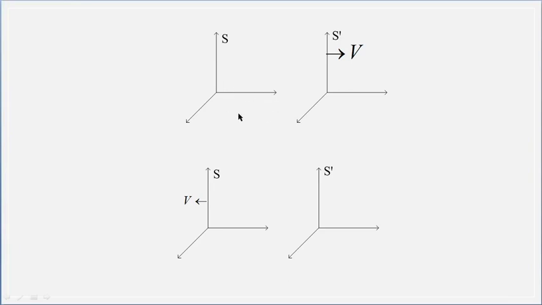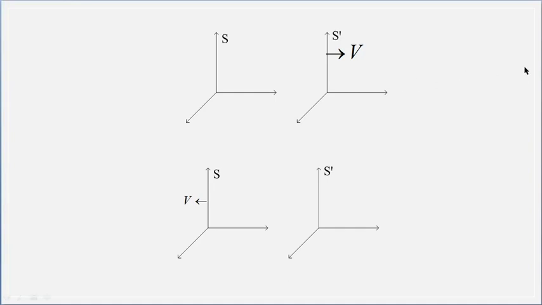Twins means at any time they will be of the same age. Then one twin is in the frame S, that means that frame is at rest, and the other twin is in the frame S dash. It may be in some spacecraft, moving very fast, with a very high speed, close to the velocity of light.